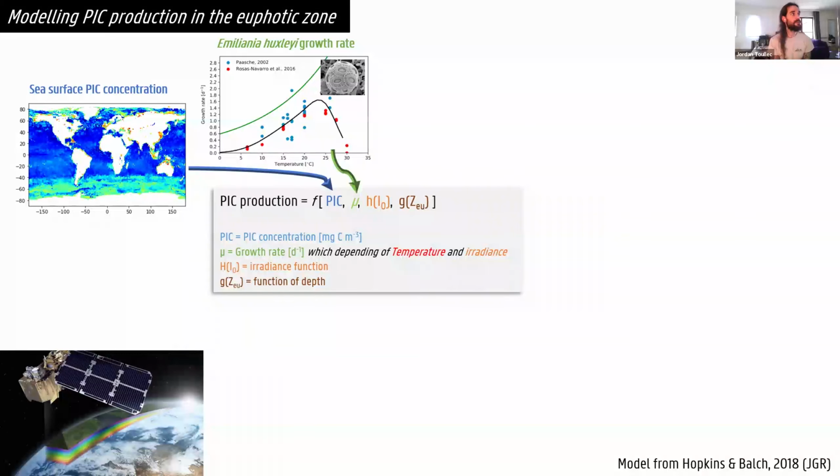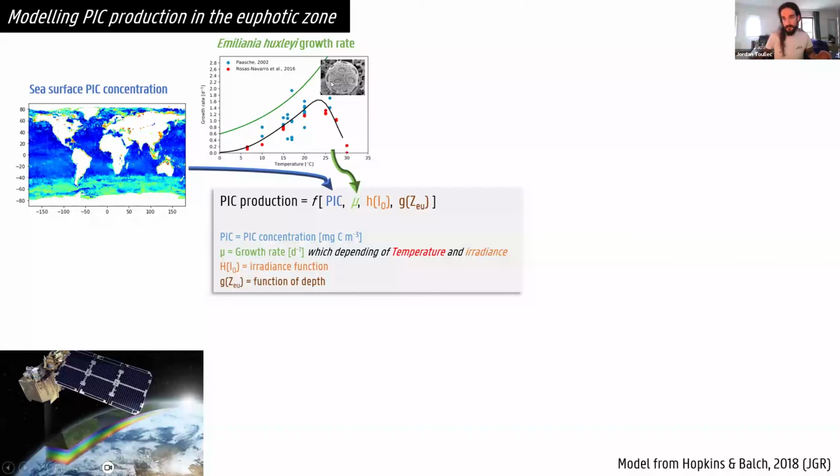I also need some experimental growth rate constants from Emiliania huxleyi, because Emiliania huxleyi is one of the most important calcifier species in the ocean. Basically, they produce the majority of the big coccolithophore blooms in the North Atlantic and also in the Southern Ocean. This is why it's important to fix some constants inside our models based on experimental studies.